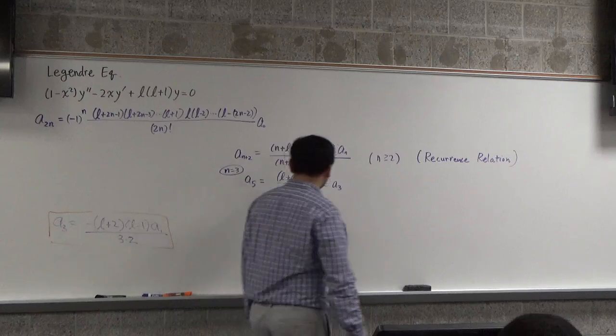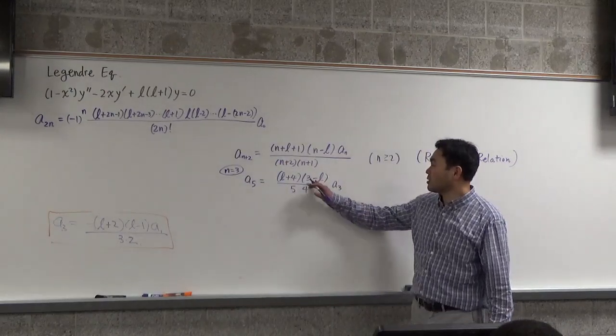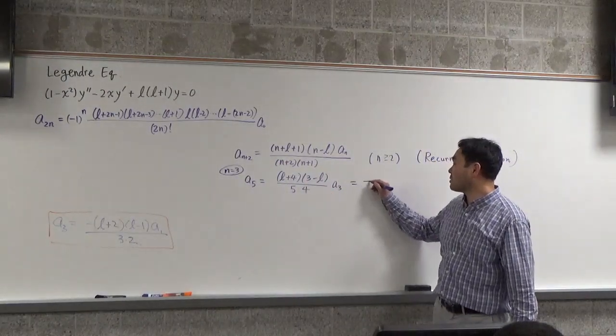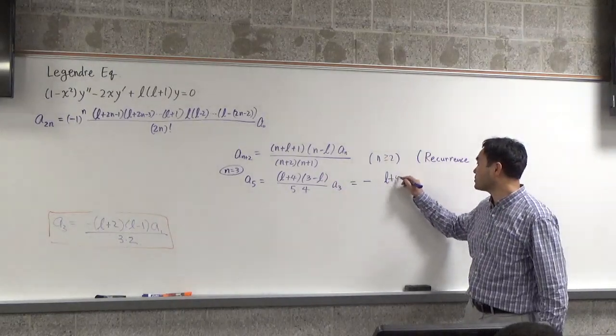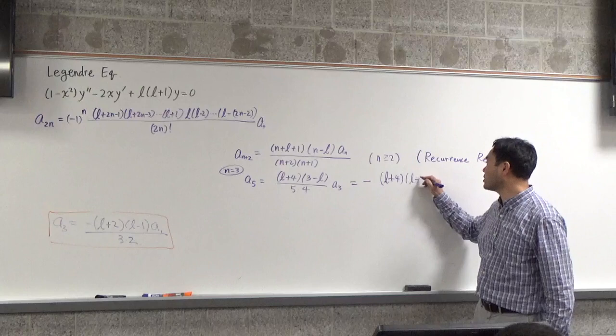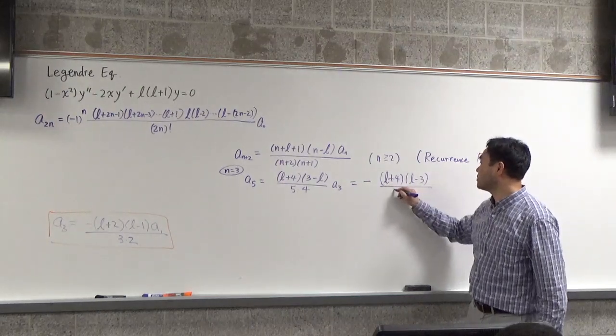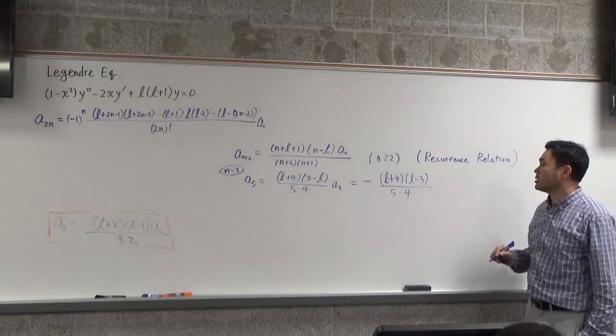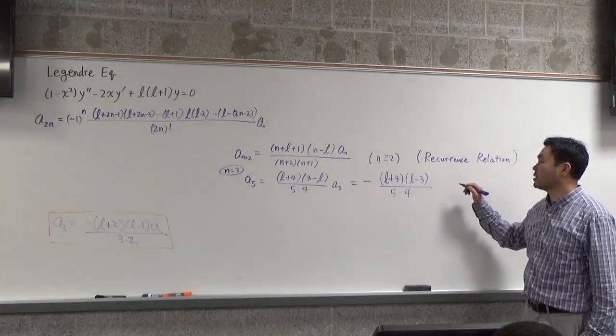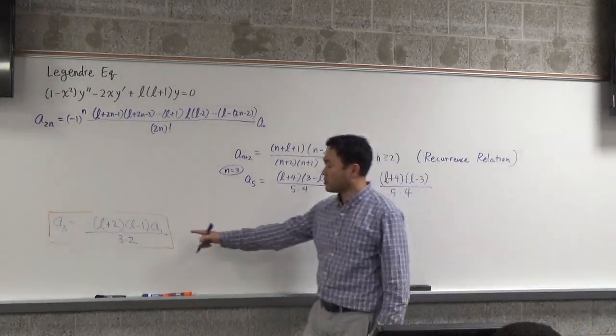All right, so again, like how I did before, put a minus so that this is L minus 3. So you have L plus 4, L minus 3, 5 times 4. And then you have A3, which we have here.